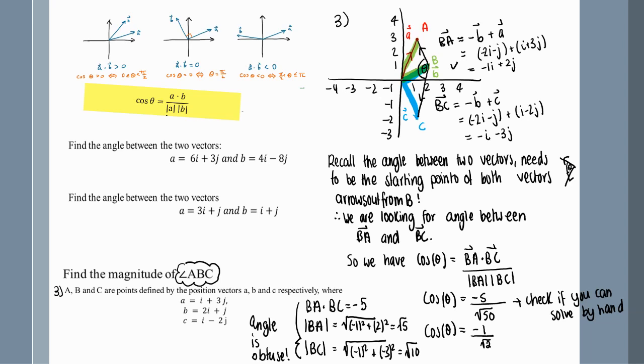Now, we know that theta is between 0 and pi radians, and I think the angle is obtuse by the dot product, so that means theta will be in our quadrant 2. Okay, so I can draw my identity triangle in.